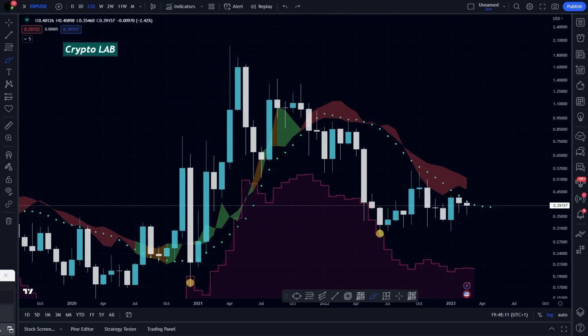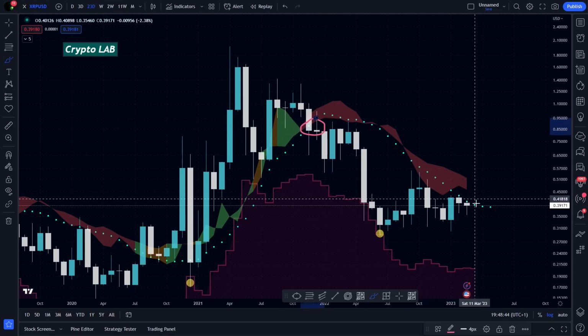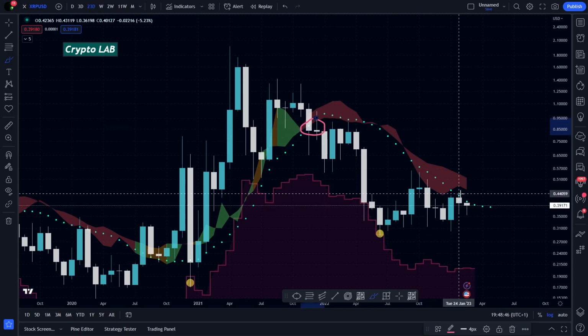But right now, we have a more important line to overcome. It's the bear market resistance in blue. You remember that here we crossed it also officially, and this was the beginning of the bear market. And more recently, we tested it just right here, but we got a rejection from it.